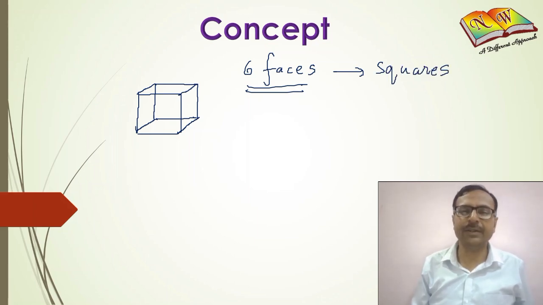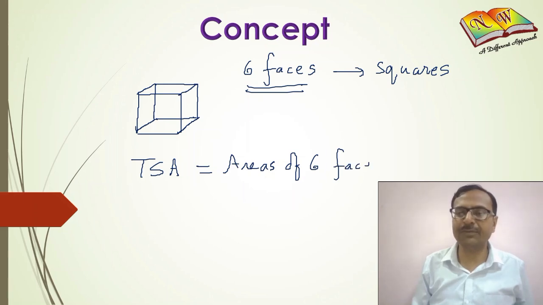If you have to find the total surface area of this cube, you have to add the area of the 6 faces. So areas of 6 faces will give you the total surface area of the cube.